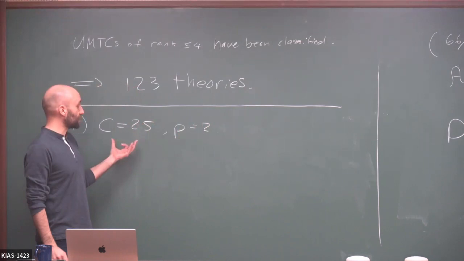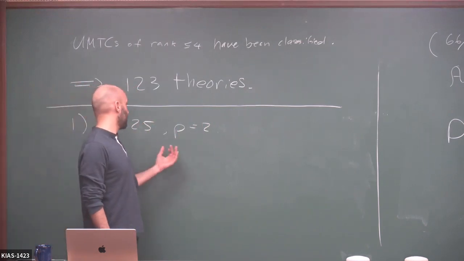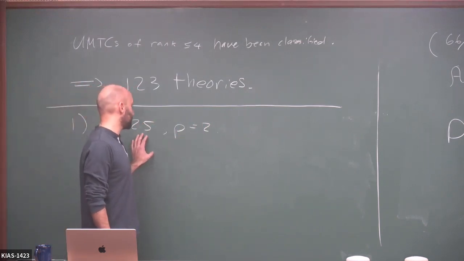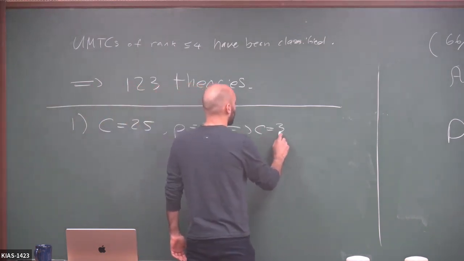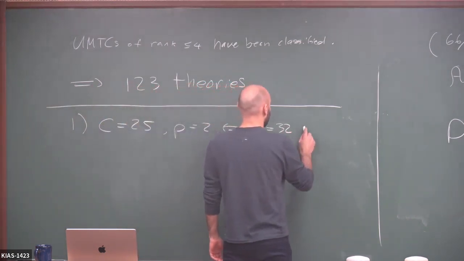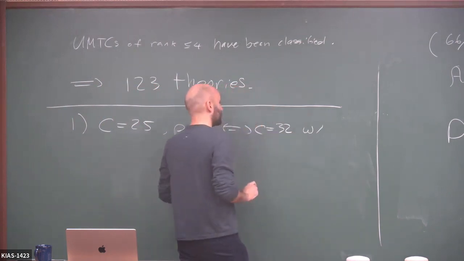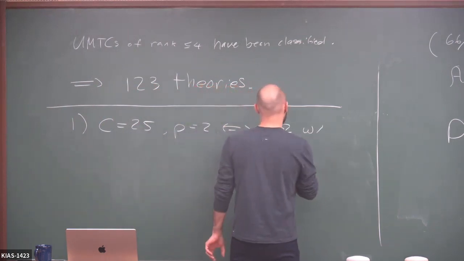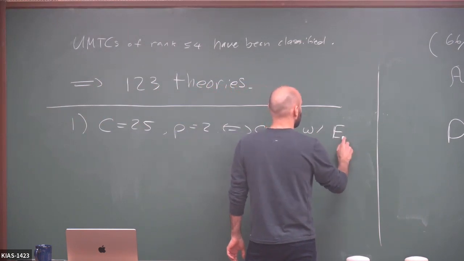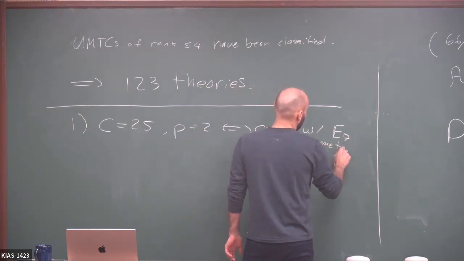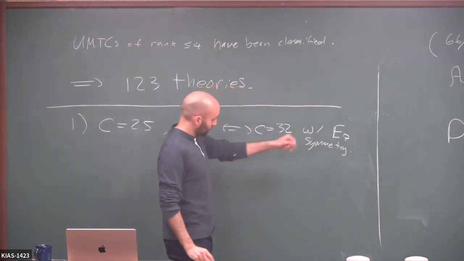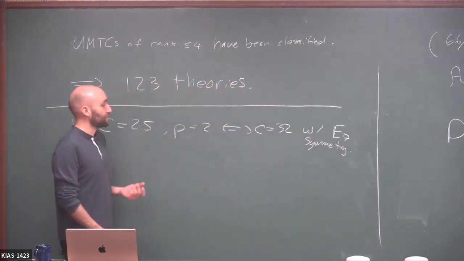By this gluing principle philosophy, the space of these theories is in one-to-one correspondence with c equals 32 theories. Sorry, not quite one-to-one, but it's roughly as complex as c equals 32 theories with an E7 symmetry. So you have to take c equals 32 cosetted by E7 to get these.